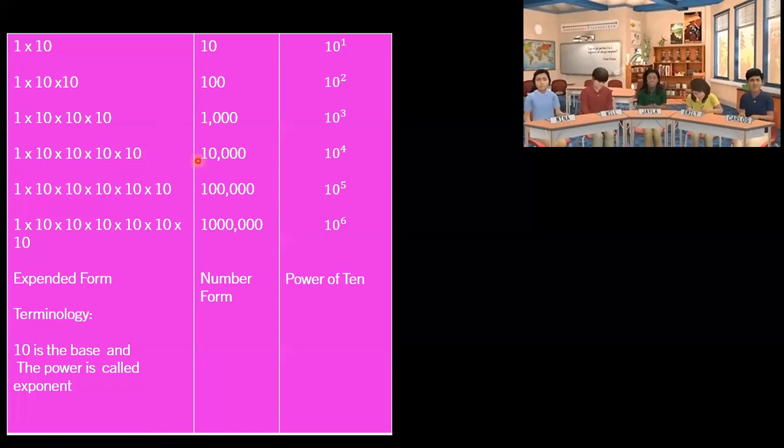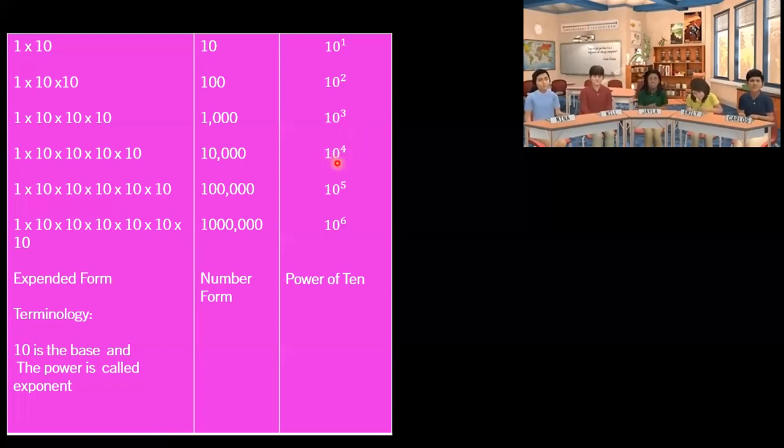So when we are multiplying by 10, we are doing it 1, 2, 3, 4 times. That's why the 1 remains the same and we added 4 zeros. So the power of 10 is the 4 zeros. This 4 is called the exponent, and the 10 is the base.